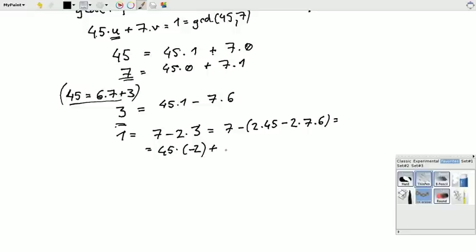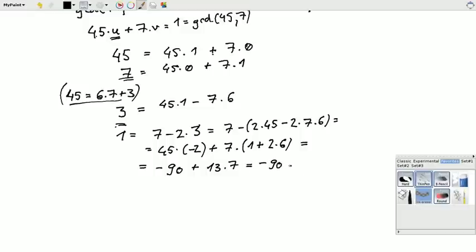plus 7 times 1 plus 2 times 7 times 6. Okay, I'm gonna make sure I didn't make some silly mistake. 45 times minus 2 is minus 90. Those parentheses add up to 13, and 13 times 7 is 70 plus 9 plus 21, which is equal to 91.